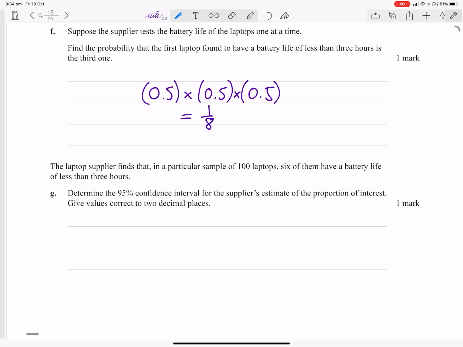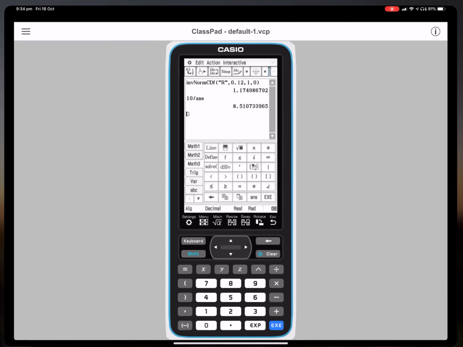Okay, so 6. Oh, the proportion. Okay, so we know P hat is equal to 6 on 100, which is 3 on 50. But we can just use 6 out of 100, 95% confidence interval.